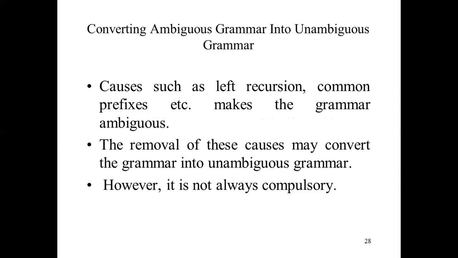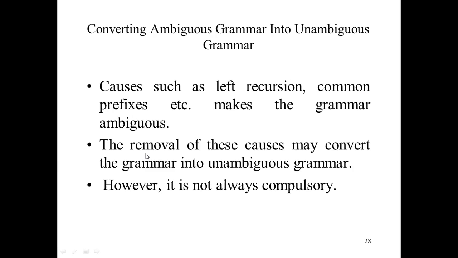So how will you convert an ambiguous grammar into an unambiguous one? There is also some methodology so that we can change an ambiguous grammar, that is the faulty grammar, into an unambiguous grammar. Causes such as left recursion and common prefixes make the grammar ambiguous, so for this we will again consider some examples.